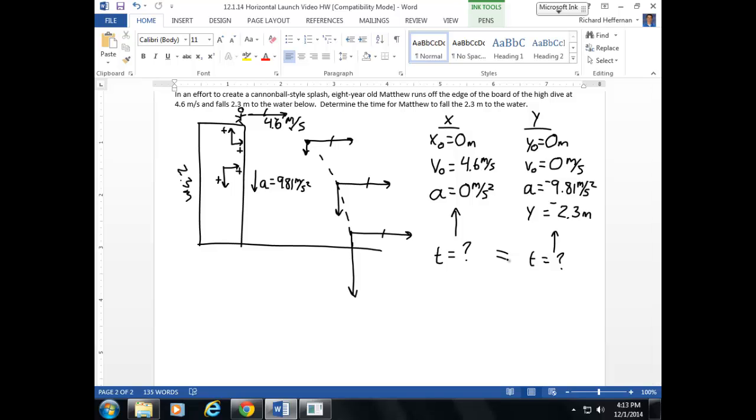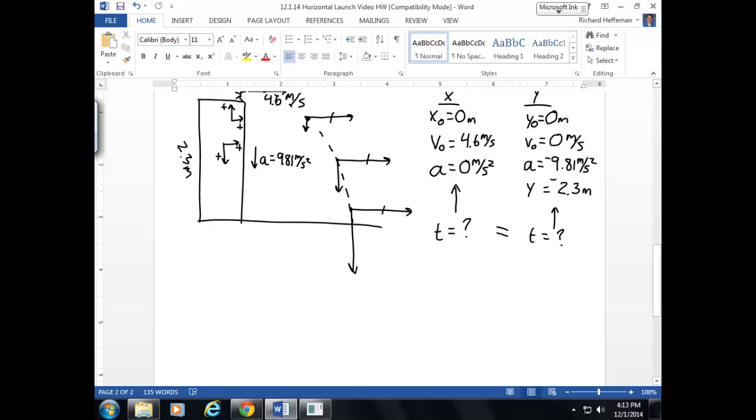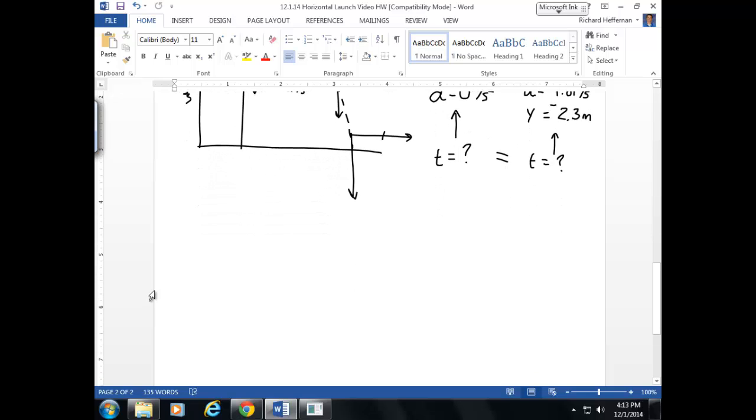We have 4 pieces of information in the y direction, only 3 in the x direction, so I'm going to use the y information in order to solve for time. I will scan my equations list from a former test or the quiz or somewhere online, my brain, and I will jot down this guy: y equals y0 plus v0y t plus 1/2 a_y t squared.